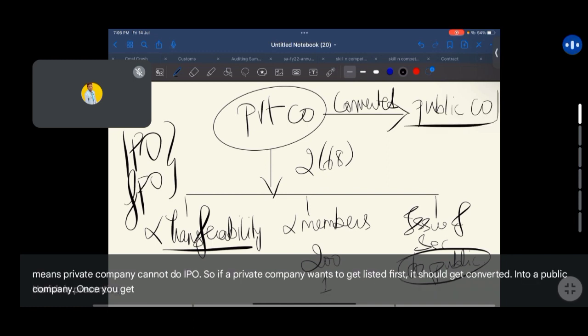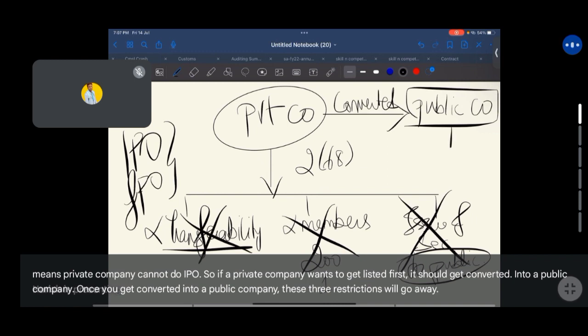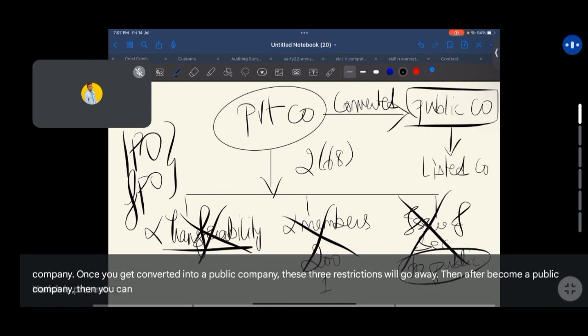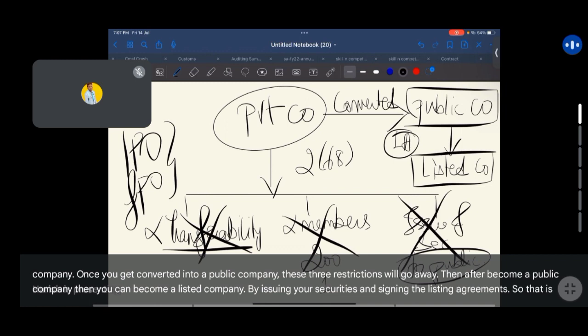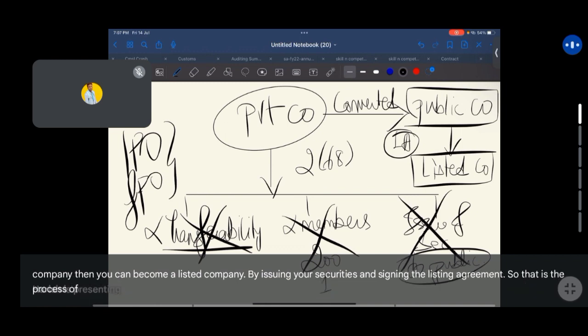Once you get converted into a public company, these three restrictions will go away. Then after becoming a public company, you can become a listed company by issuing your securities and signing the listing agreement. So that is the process of a private company becoming a listed company. Are we clear? Yes, sir.